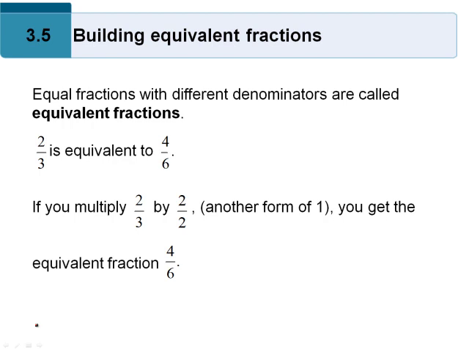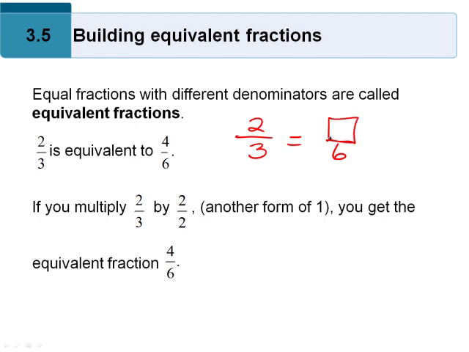Okay, so now the second objective is to build equivalent fractions. So basically here what we're going to start out with is a fraction and then rewrite it with a new denominator. So the problems are going to look something like this. You'll have 2/3 and it will equal, and they put 6 over here on the side, and you have to fill in what goes in the box on the top, or that blank space.